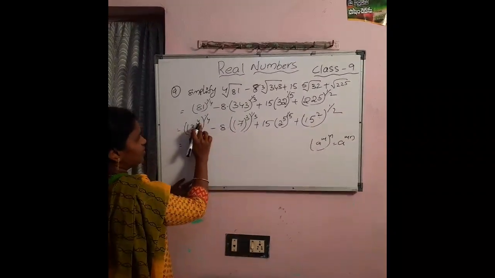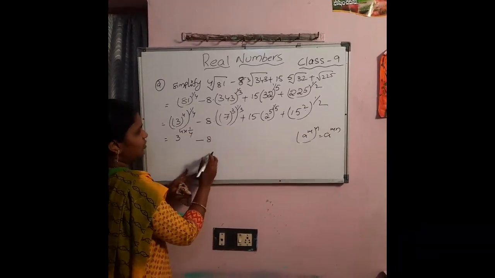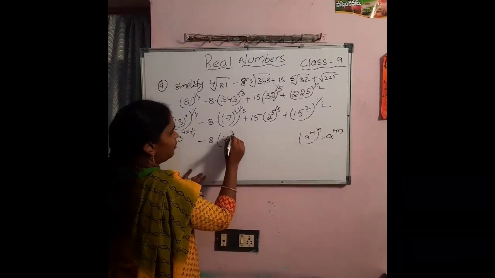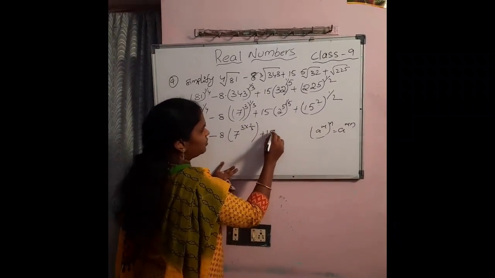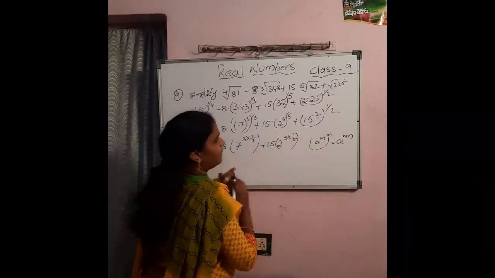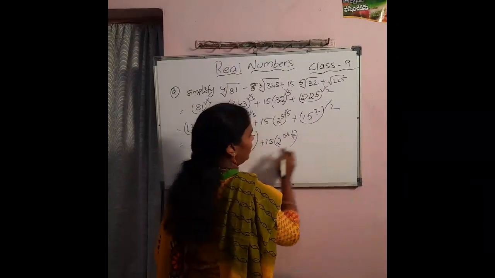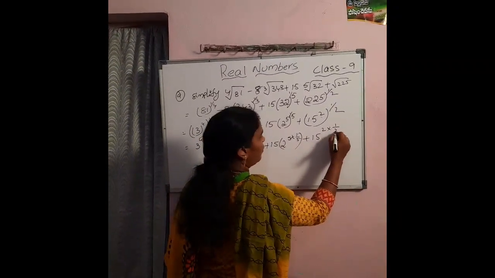So I can write 3 into 1 by 4 minus 8 into 7 to the power of 3 into 1 by 3 plus 15 into 2 to the power of 5 into 1 by 5 plus 15 to the power of 2 into 1 by 2.